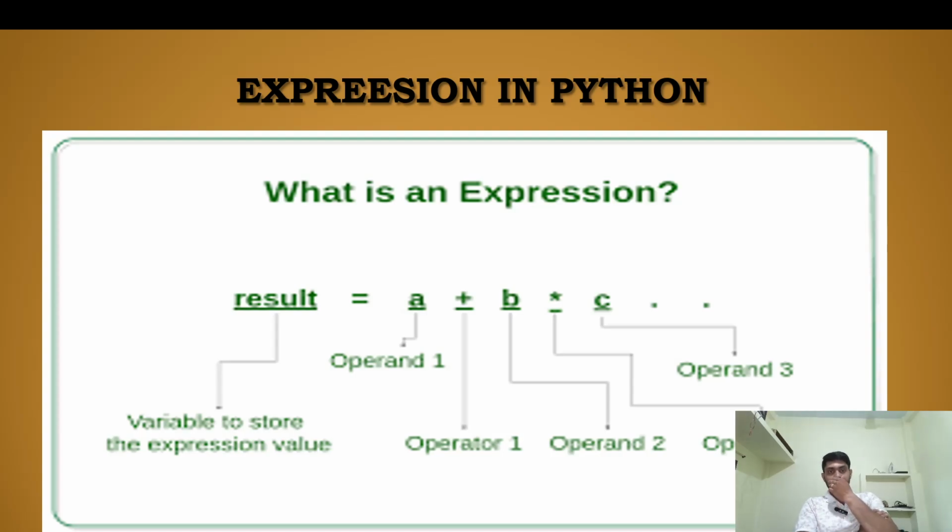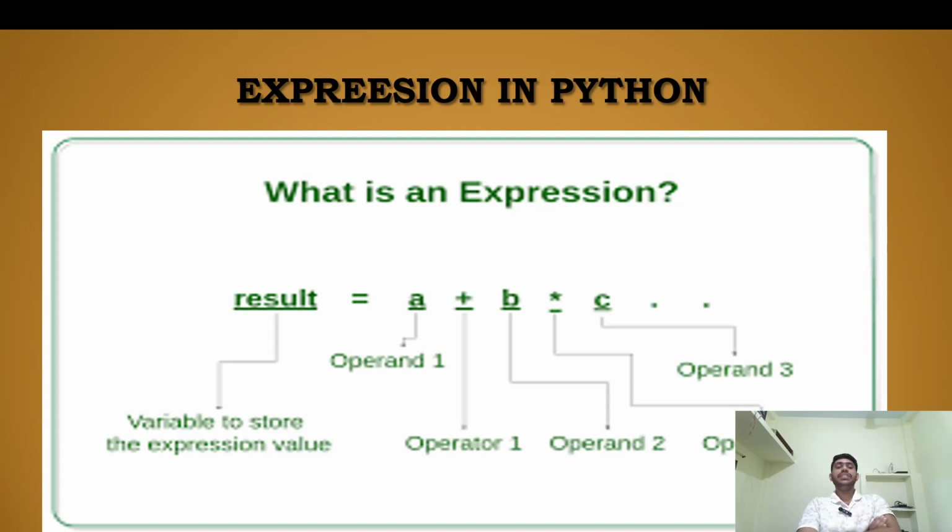So you can see here, in the previous class we went through the different data types and operators concept. So by taking all these operators, how are we going to solve an expression? First, what is an expression?